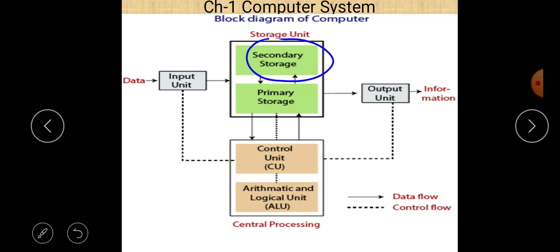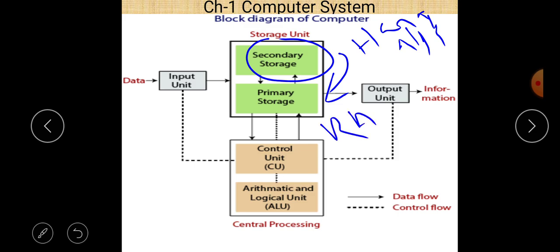So data is stored permanently in the secondary storage unit, and then after that it goes from the secondary storage unit to the primary storage unit, that is from hard disk to RAM, random access memory, and then from random access memory to the CPU.